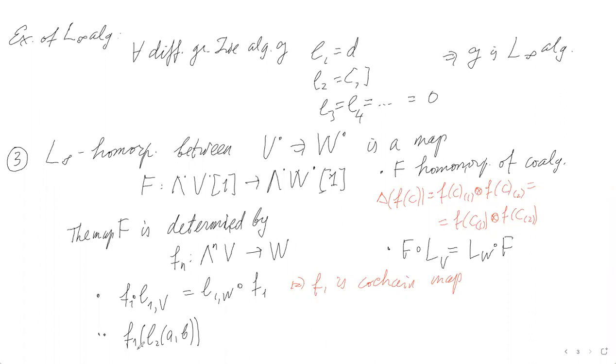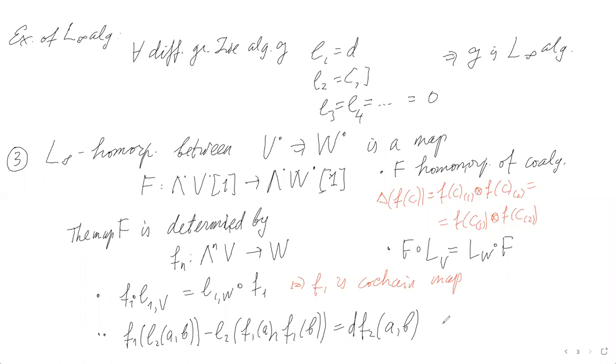So when we take this composition F1 of L2 of A, B and subtract L2 of F1 of A, F1 of B, we shall obtain something which is governed by the second element in the row. That is, we have D F2 of A, B.